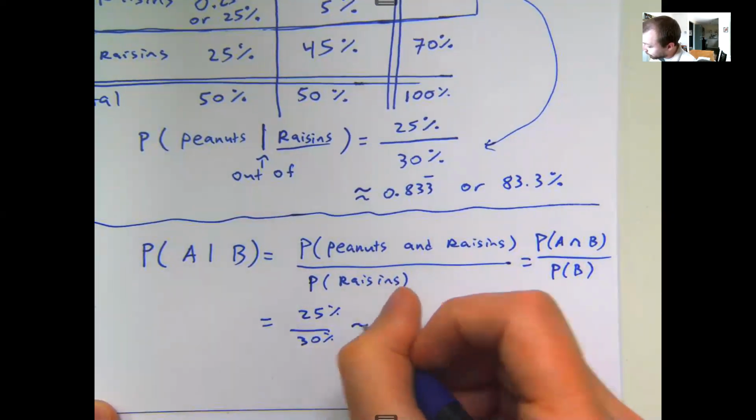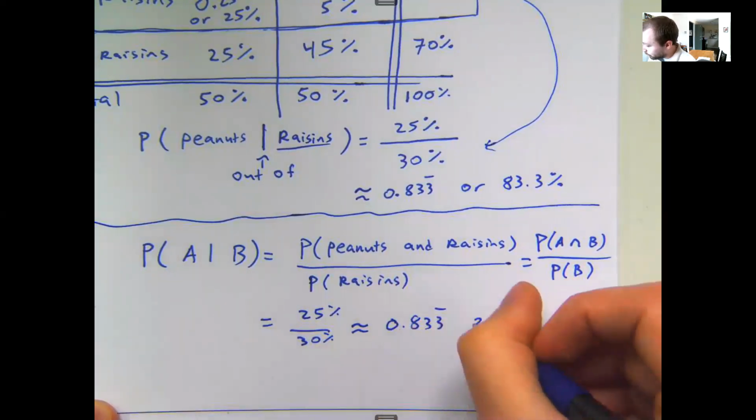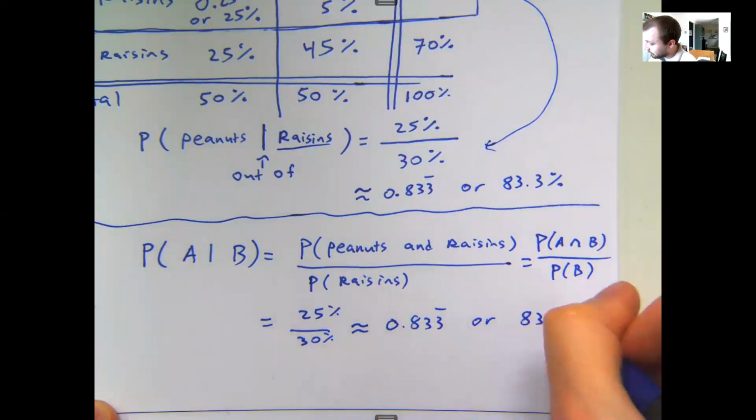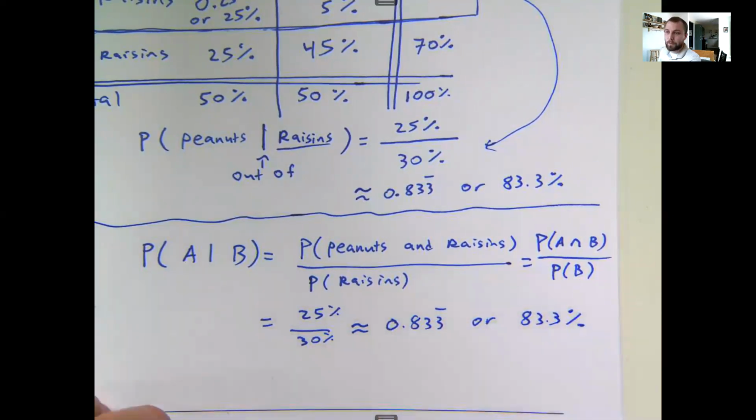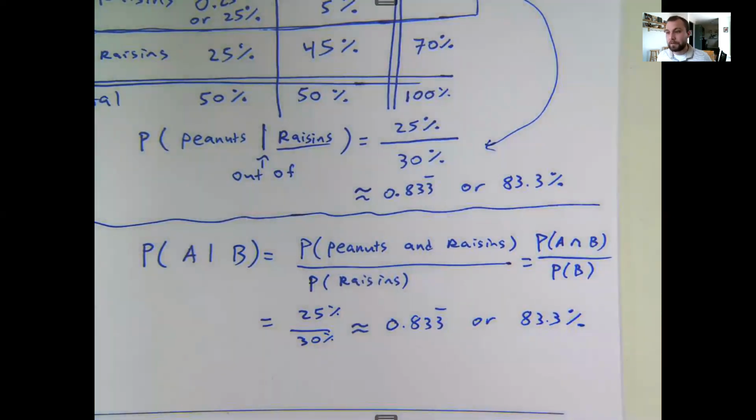I personally prefer using the table because when I'm using these formulas, it's easy for me to set this up wrong and not know why I'm getting a number that's off. At least with the tables, I can visually see what those denominators are, but use whatever process you're more comfortable with. So contingency tables are a nice way of arranging data to make it easy to find conditional probabilities.